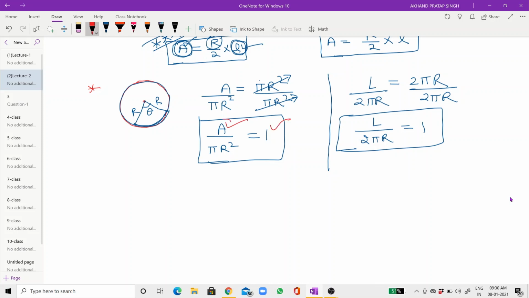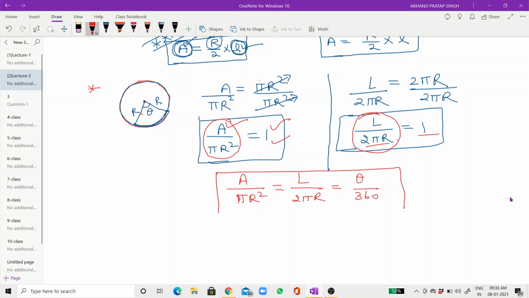So from these two expressions we can write A upon pi r square is equal to L upon 2 pi r, and then in terms of angle we can write theta upon 360. So this is a master formula you have to remember and apply to all the problems.